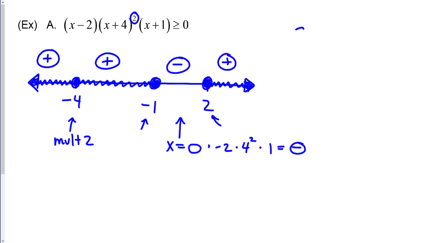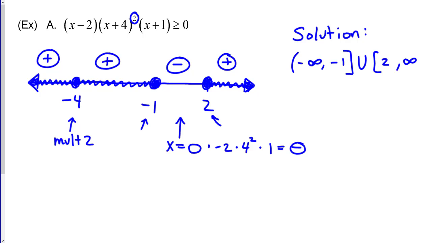So it looks like my solution can be expressed as the interval from -infinity up to -1 inclusive. Since I have all the values, including that -4 before and after it, I can go ahead and just include that as one set. And then from 2 off to positive infinity.